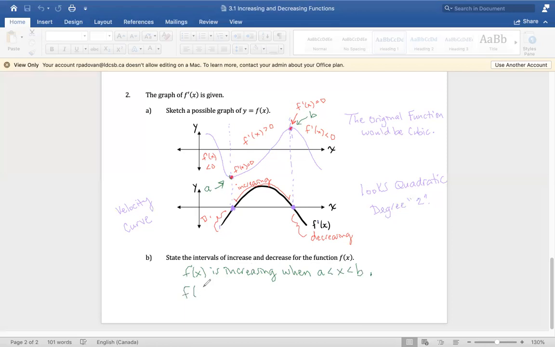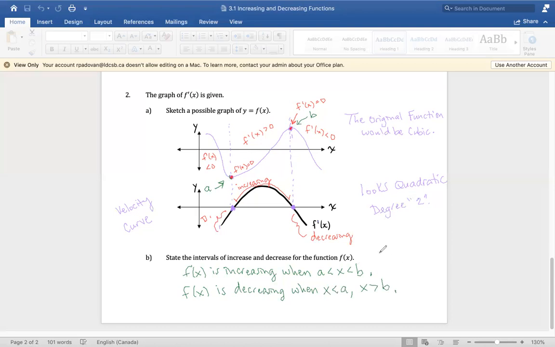And f of x is decreasing when x is less than A and when x is greater than B, if that makes sense.